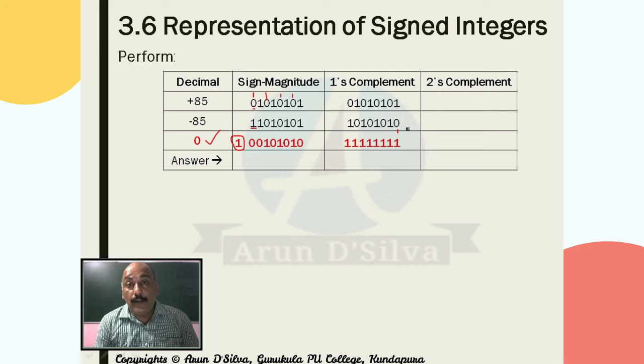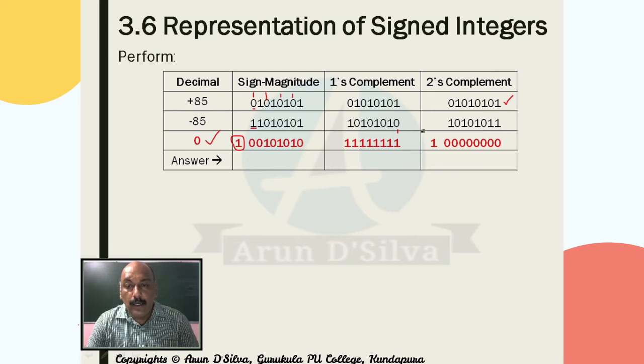Now we'll go for the 2's complement method. How does it work? Let me show you. In the 2's complement method, the given 85 in positive is the same as in ones complement and sign magnitude: 0 1 0 1 0 1 0 1. But how do you represent minus 85 in 2's complement?